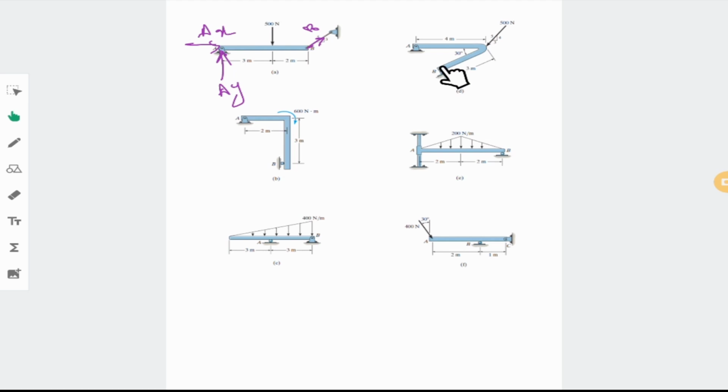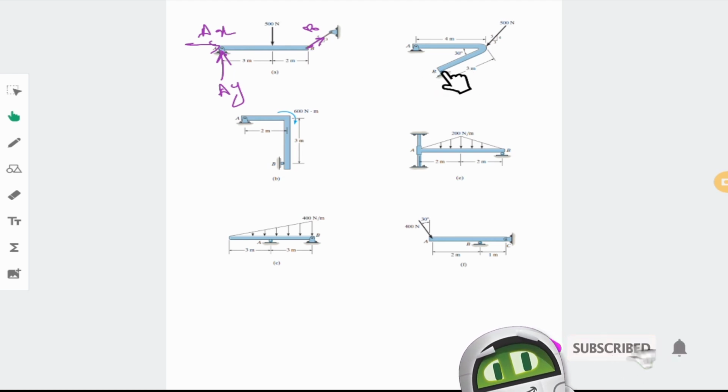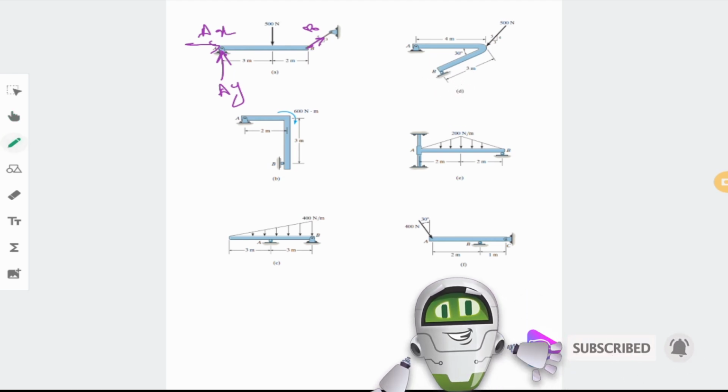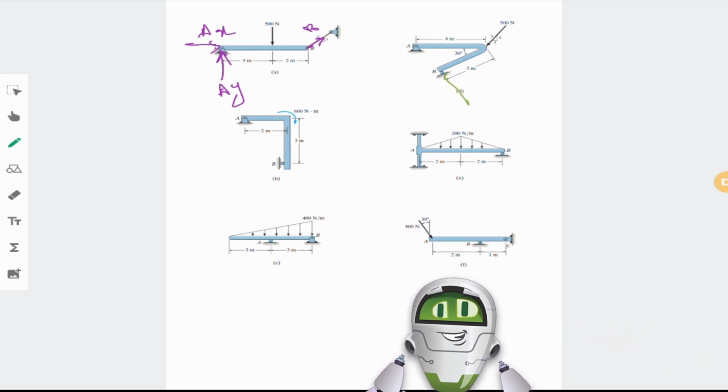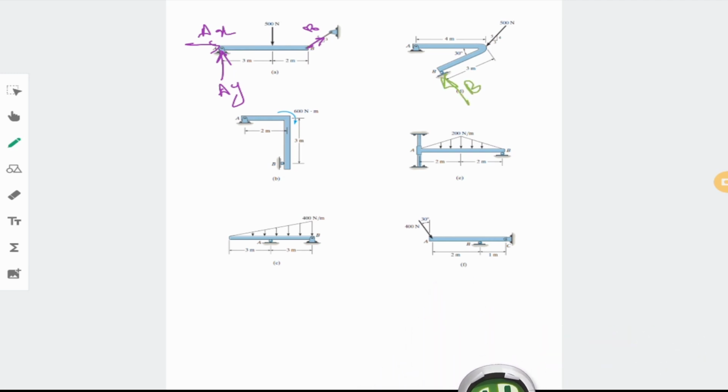As you can see, you can do motion parallel to the slope, and you cannot do motion in this direction, meaning going through the slope, but you can slide on it. This joint cannot prevent the motion in this direction, cannot provide any forces in this direction, but it can provide some force in this direction. That's why I put a single force like this here.